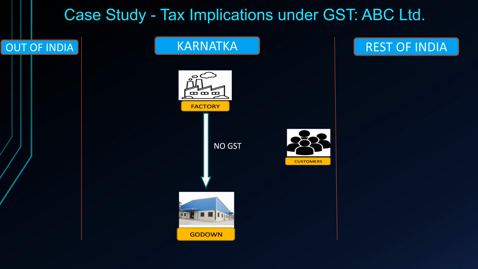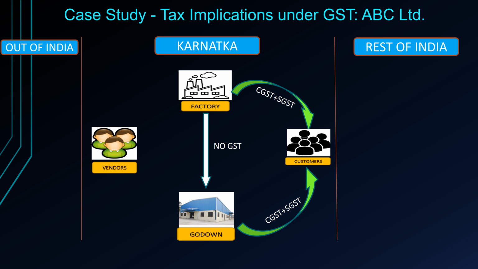These transactions would have output tax of GST, which would be CGST and SGST. You may also have transactions of purchase, which is inward supplies, with vendors in Karnataka. These transactions give rise to input tax credit of CGST and SGST.